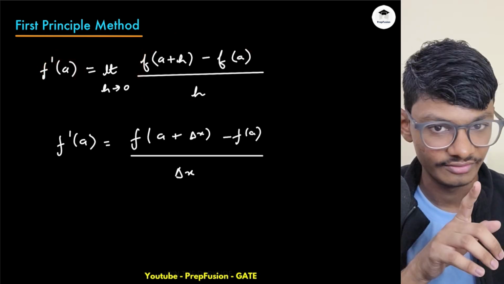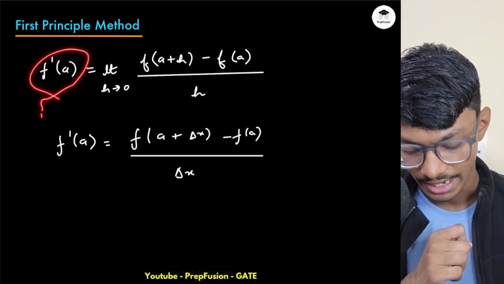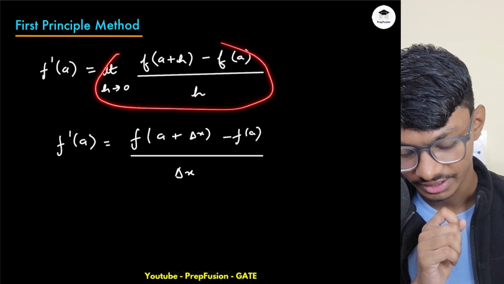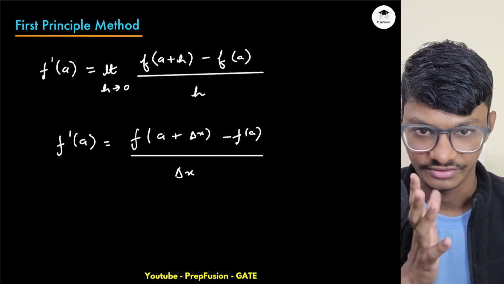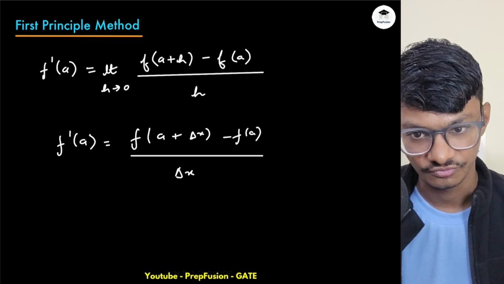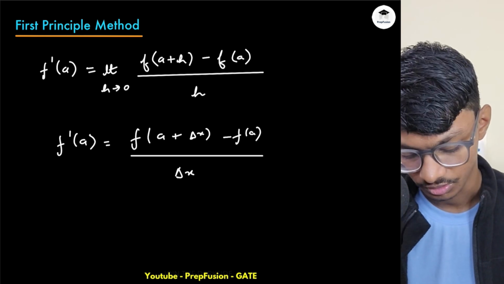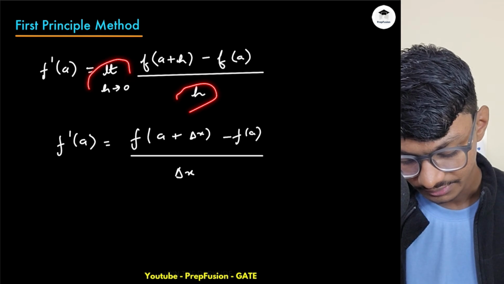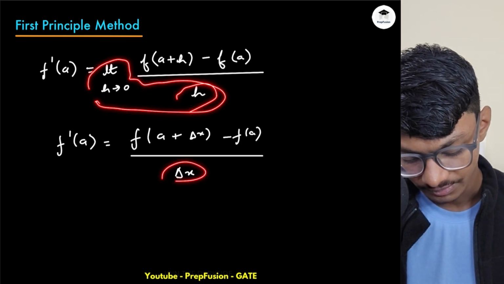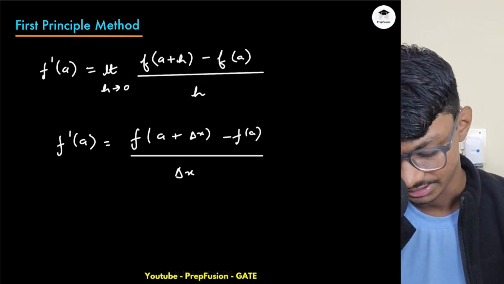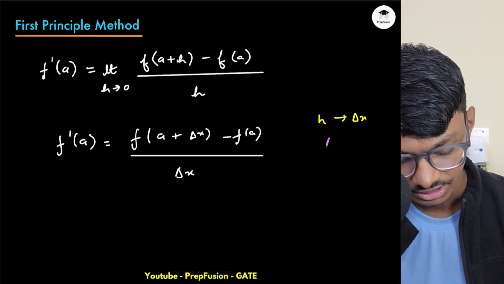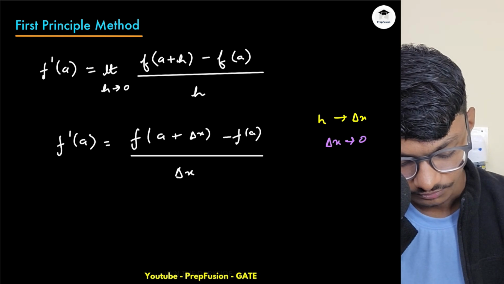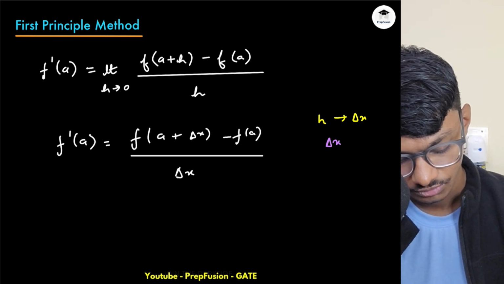This is the derivative, differentiation at point x equals a, as h tends to 0. This is the basic first principle formula. Now this h I can replace with delta x, and I will say my delta x is tending to 0.